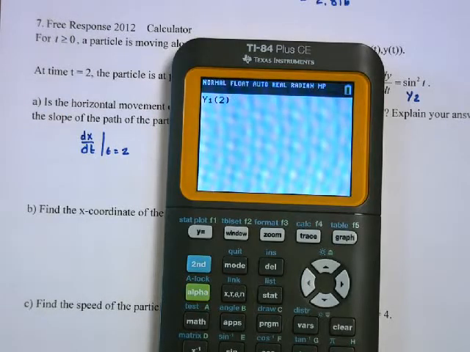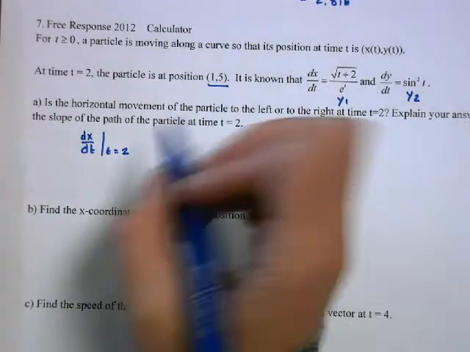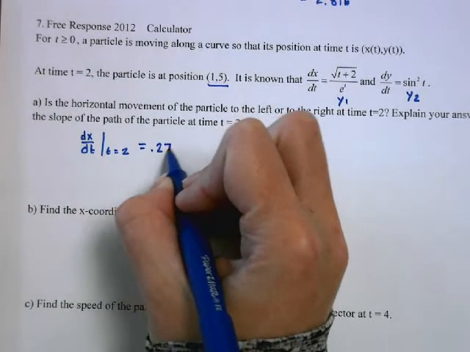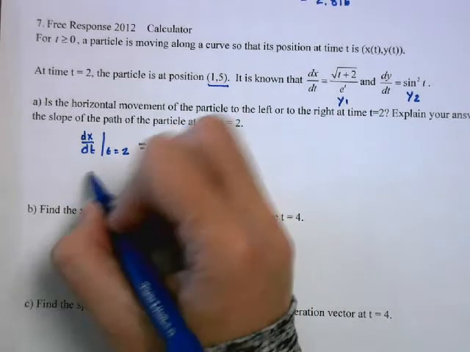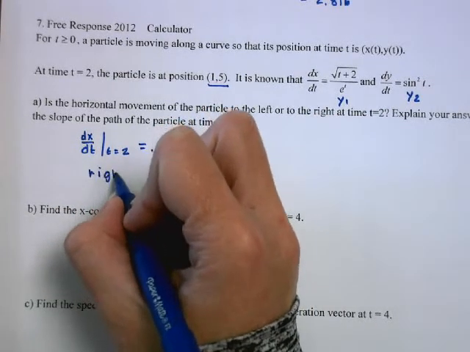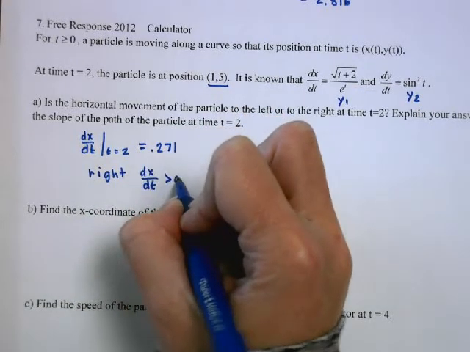This is simply y1 evaluated at 2, which is 0.271, which means it's greater than 0, so it's moving to the right, because dx/dt is greater than 0.